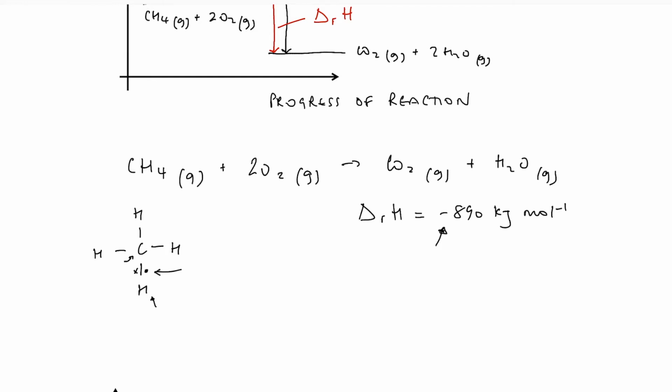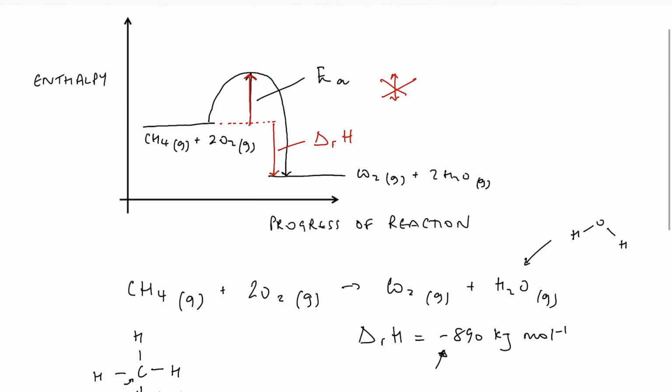Bond breaking is an endothermic process. When I make new bonds in the products, so for example, when I make my hydrogen-oxygen bonds, energy is released. So in an exothermic reaction, what we're saying is that more energy is released making the bonds in the products than is used to break up the bonds in the reactants.